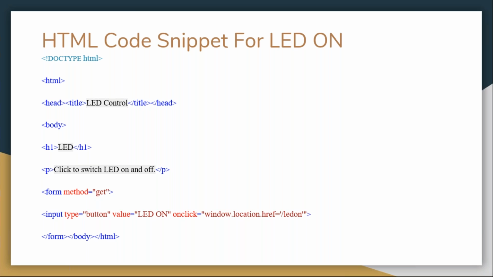Here we start the HTML body for the web page: header and title, set LED control, which is the title of the web page, and then the body started for the LED. Then a paragraph: click to switch LED on or off. Then the form method, whether it is the get method or post method.